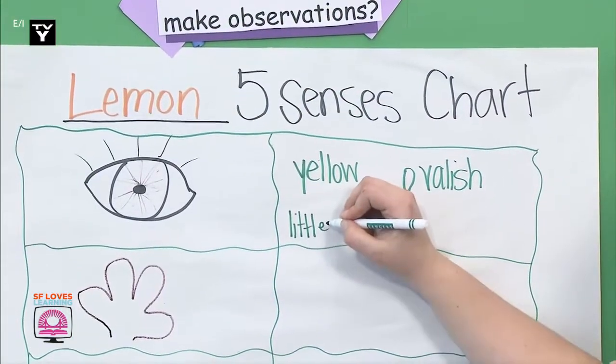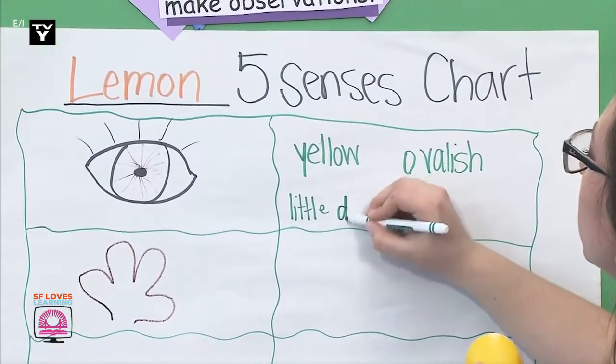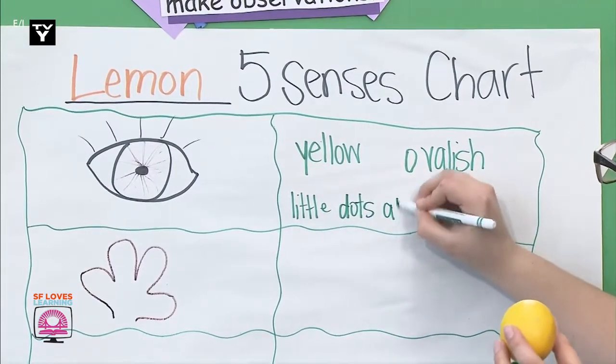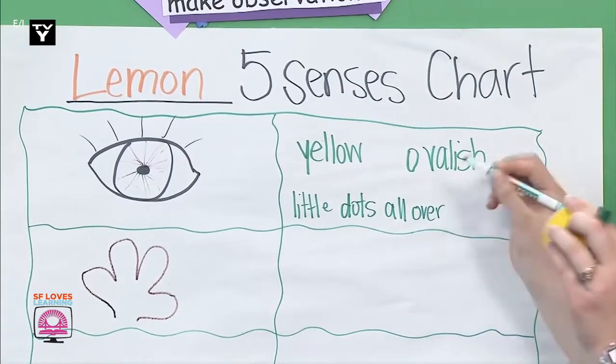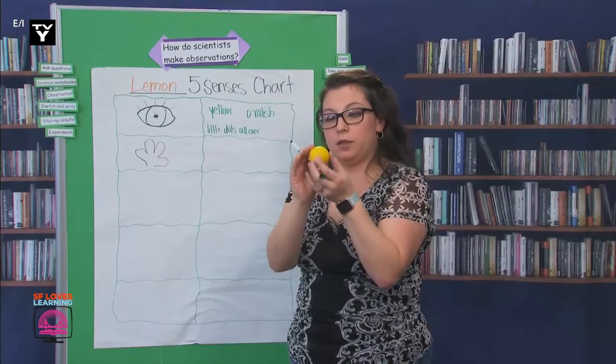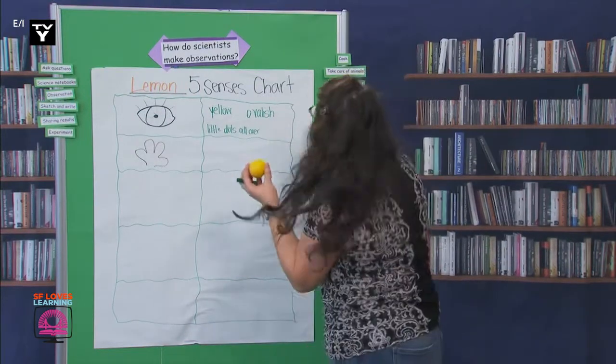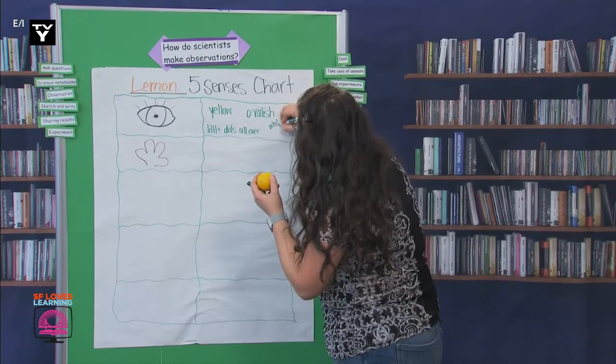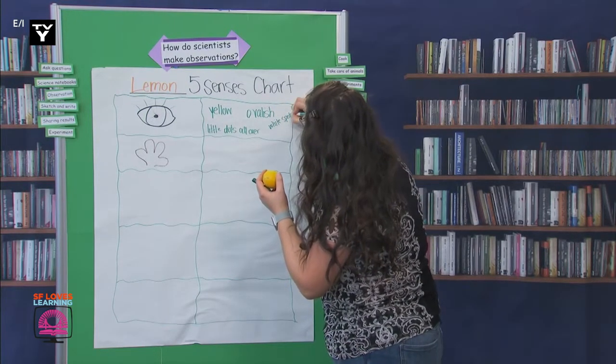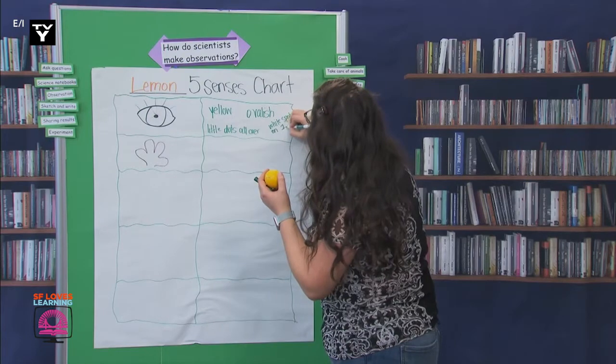Well, I guess they're more like dots, little dots all over. And on the sides, it looks like it has a belly button. Maybe I could call that a white spot. White spot on one side.